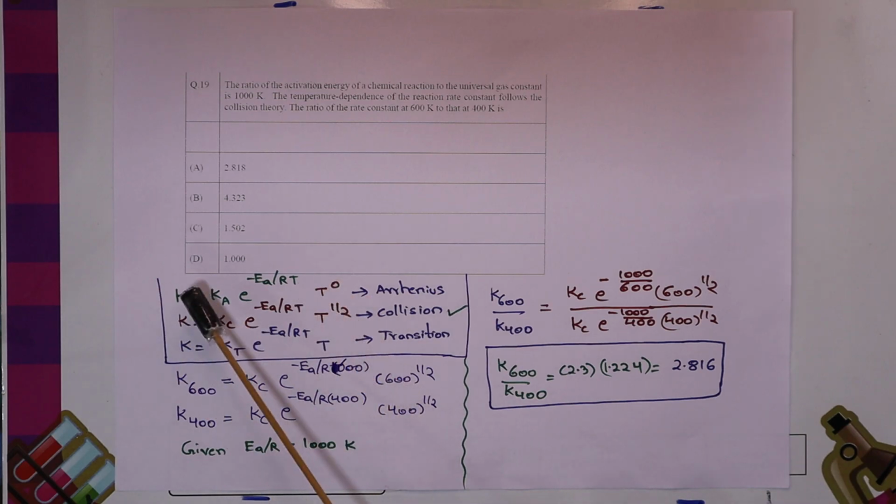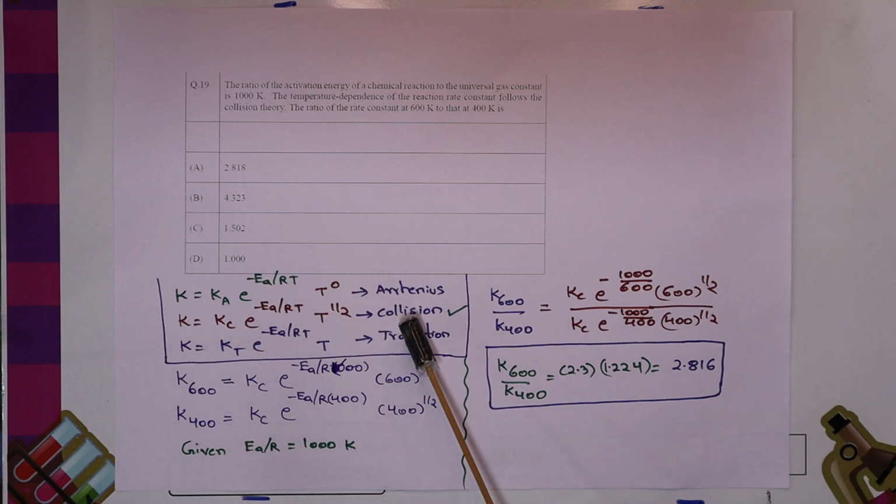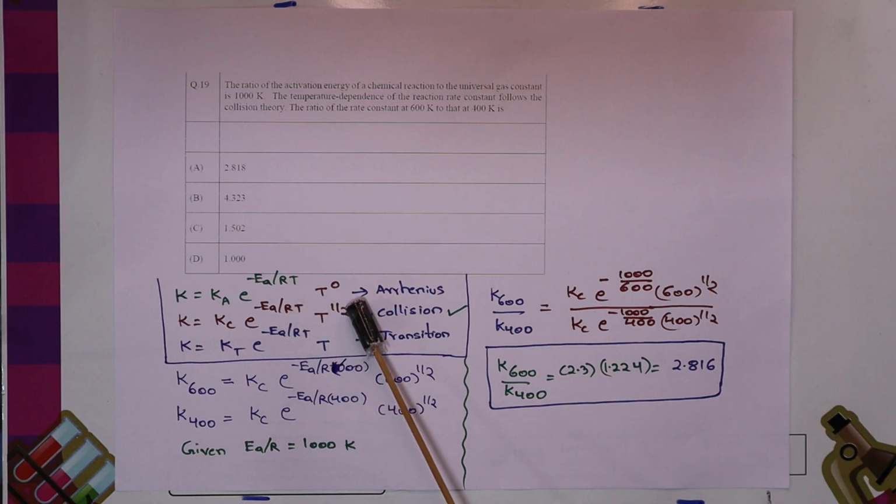The reaction rate constant dependency with respect to temperature is T power 0 for Arrhenius. The collision theory suggests that the rate constant equals the pre-exponential constant of the collision theory into e power minus Ea by RT into temperature power half.